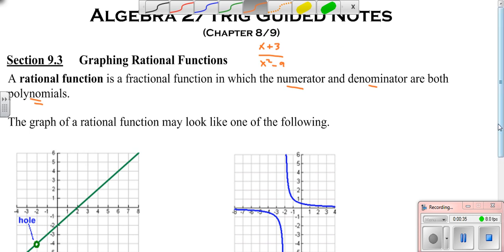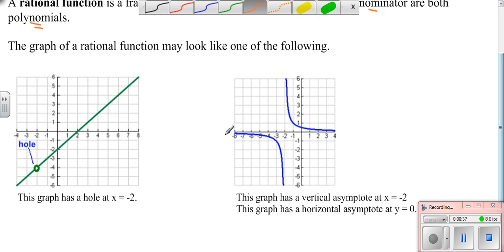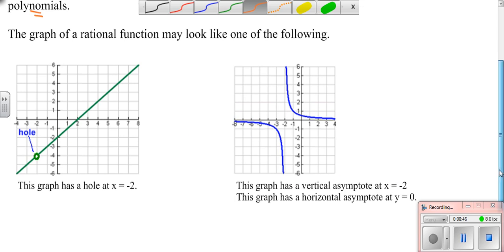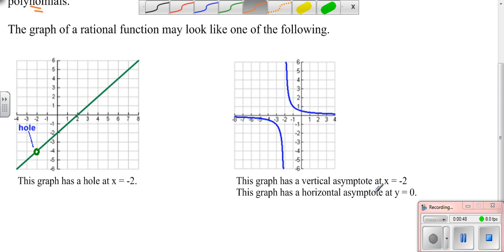Now, a couple of things can happen with the graphs. We can end up with a hole in the graph, a value where the graph doesn't exist. We can end up with asymptotes. So a vertical asymptote happens here at -2.